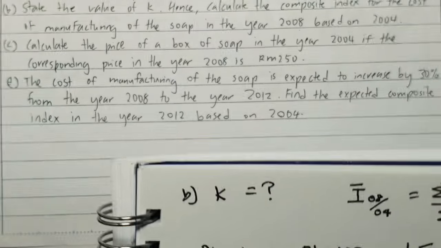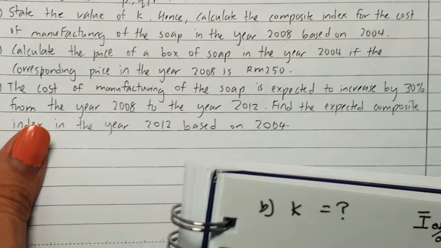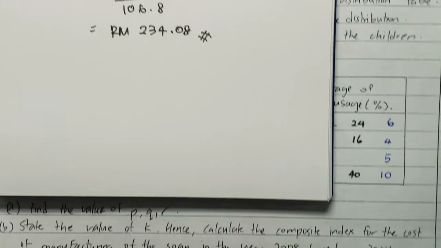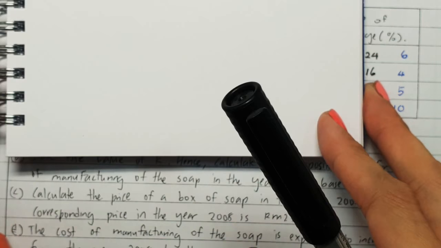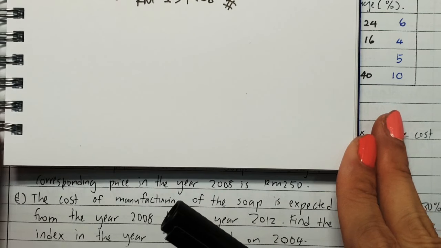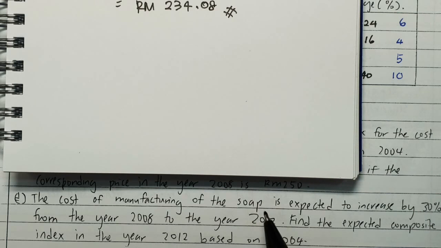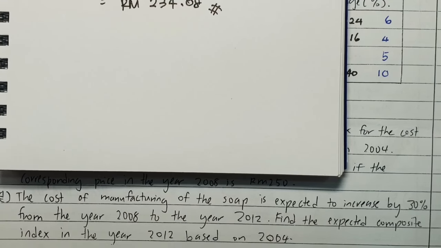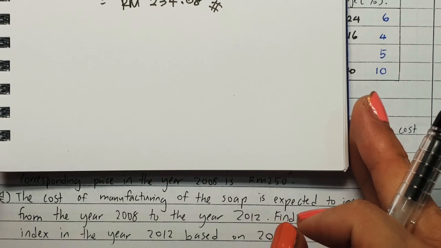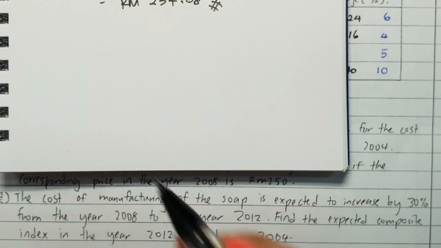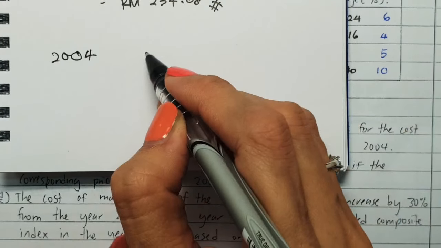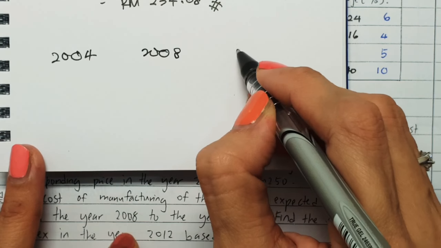The way we put down the information will determine whether we will have a clear solution after that or not. Okay, now let's put it side by side. Part D, the cost of making the soap is expected to increase by 30%. And we have 3 years in a row that we use to compare: 2004, then 2008, and then 2012.